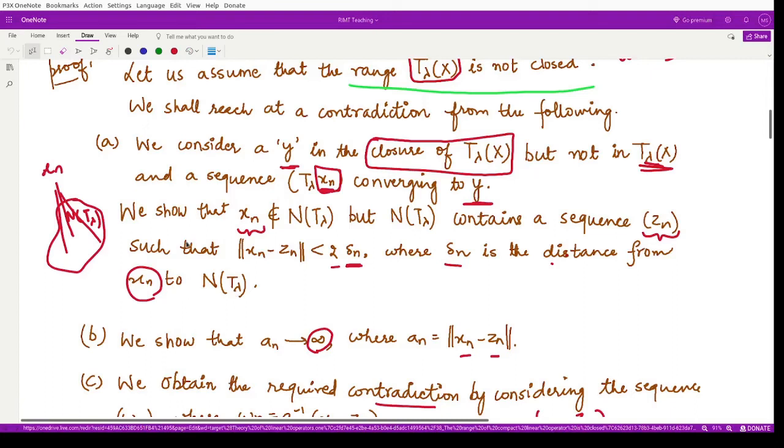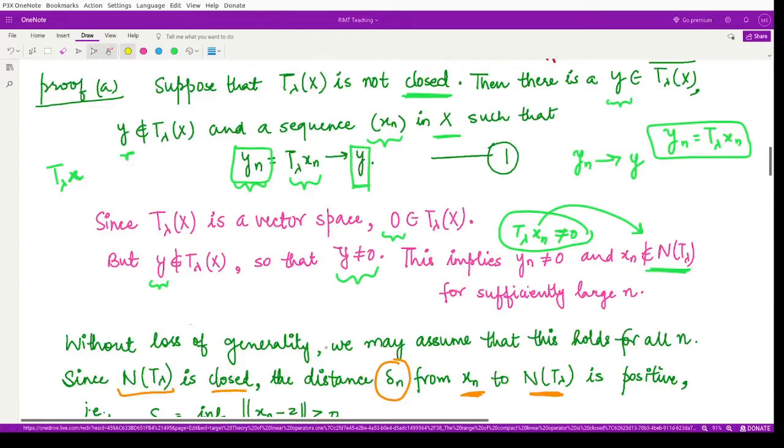In the second part, we are required to prove that the distance between xn and Zn, which we are calling an, is infinite. This we have to prove in part B.